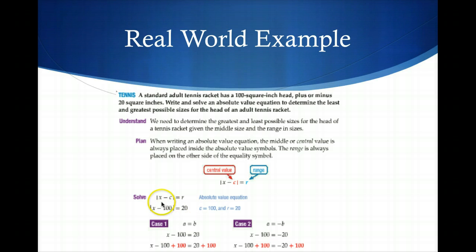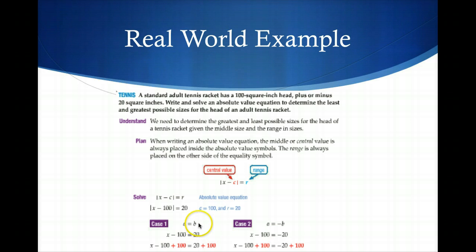The absolute value of x minus c is equal to r. We don't know what x is, but we're going to subtract from it 100 because a standard adult tennis racket has a 100 square inch head. And then it's plus or minus 20 square inches, so we're going to have it equal 20.